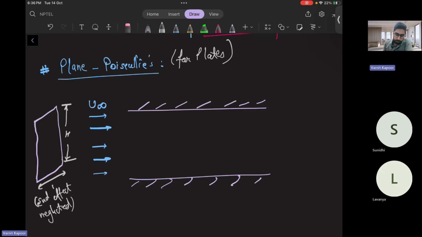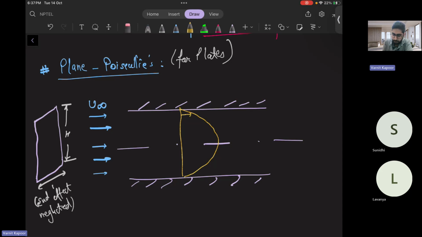Again, I'll draw the fully developed profile. Again, it will be a parabolic relation. I'll just write the relations, no need to derive them; you can see the standard textbooks for that. So this is my center line, and my velocity profile distribution somewhat looks like this.